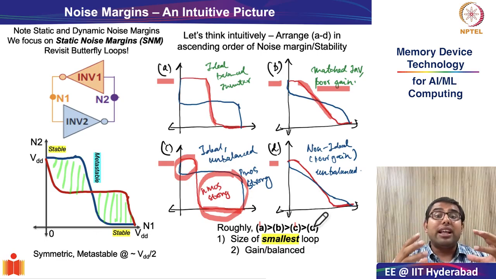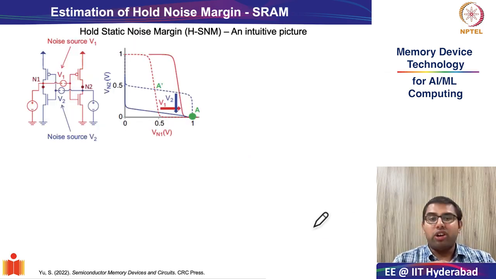Therefore it is very important, as we can see through this figure, to make SRAM cells with balanced inverters and very high gain. This is a very important concept that we need to discuss before we go into a formal understanding of the estimation of hold noise margin.